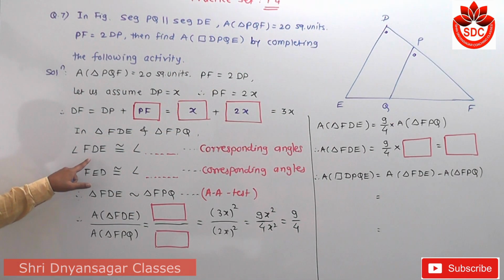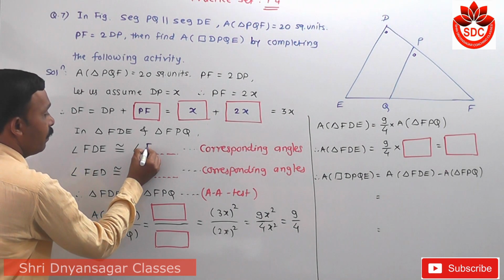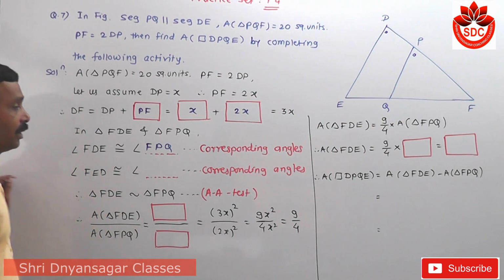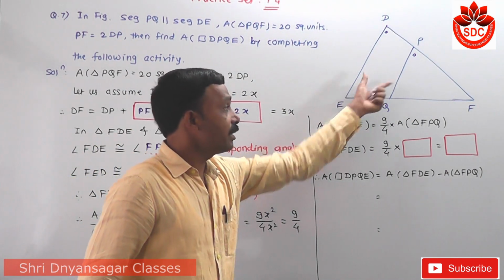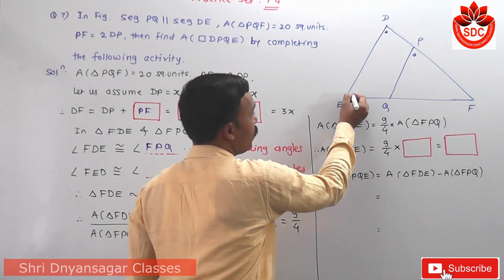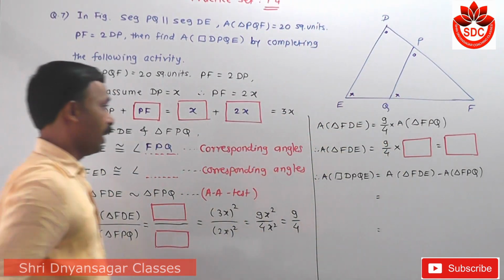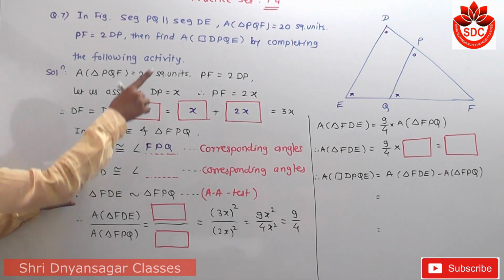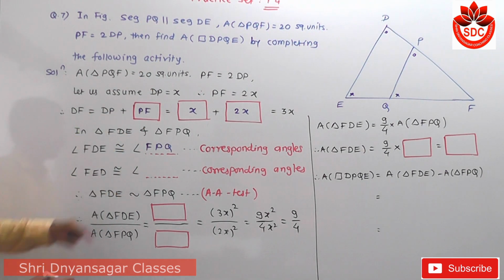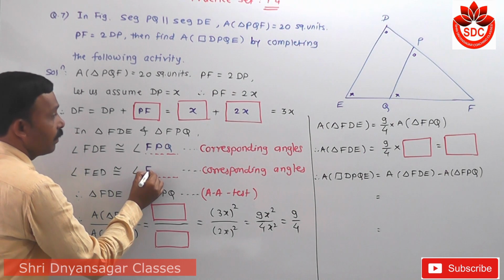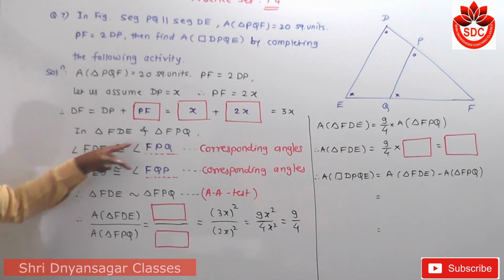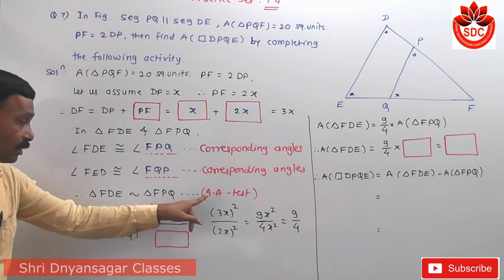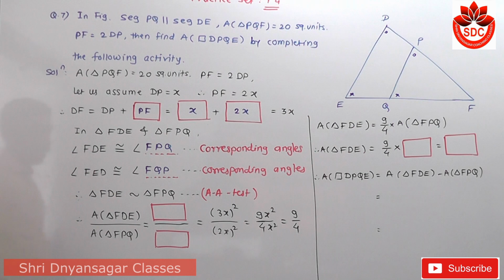So angle FDE is congruent with angle FPQ. This is corresponding angles. Now also for these two parallel lines, this is the transversal, so we take these two angles as corresponding angles. So angle FED is congruent with the corresponding angle FQP. The reason is corresponding angles. If two angles are congruent, then these two triangles are similar by the AA similarity test.